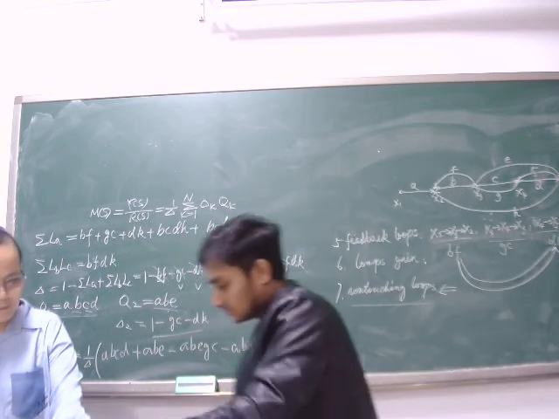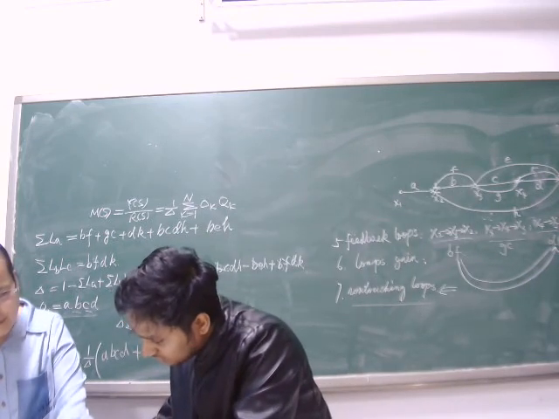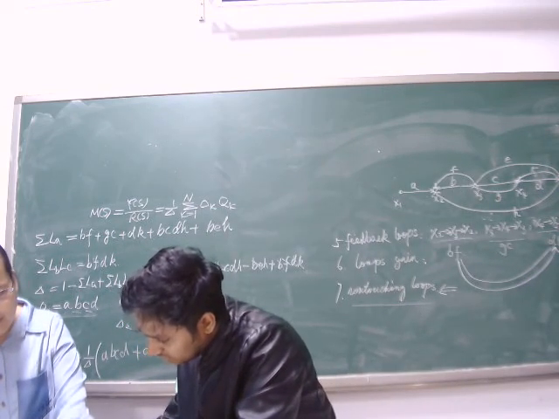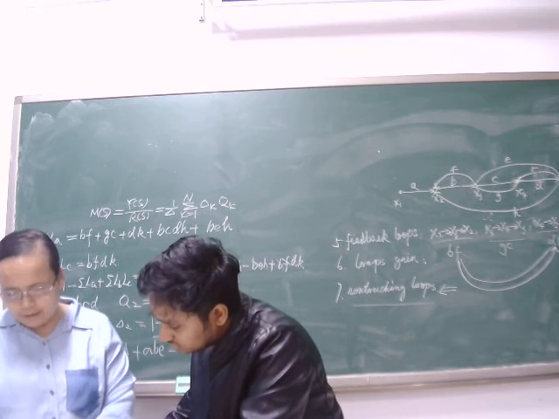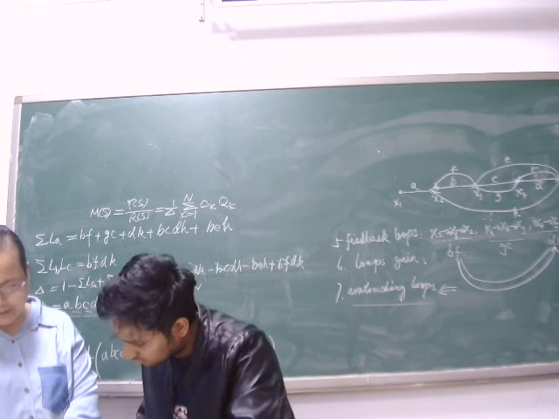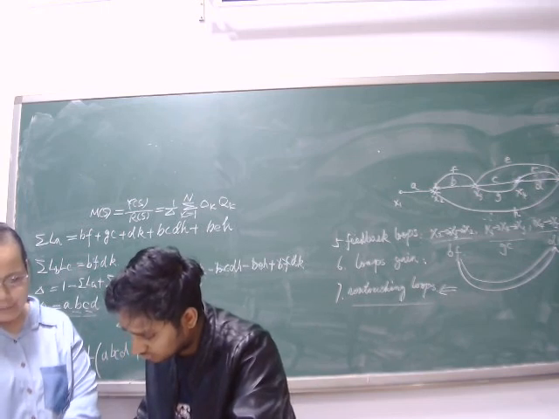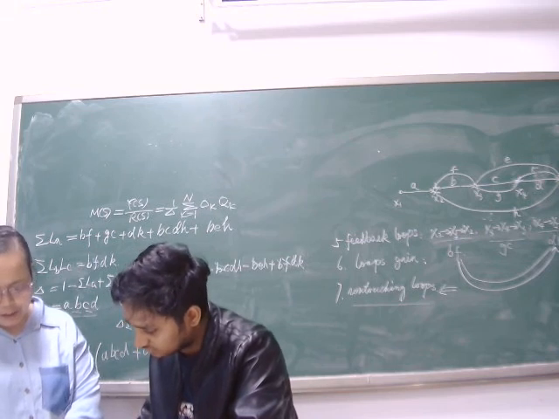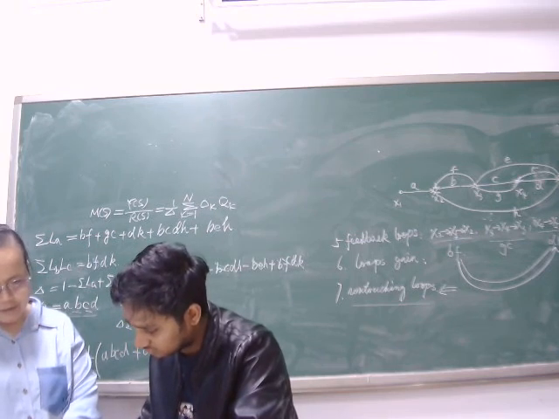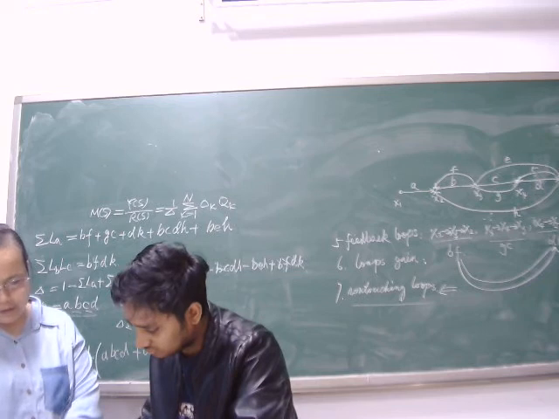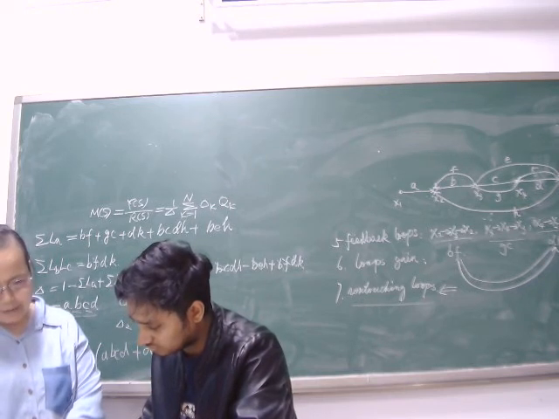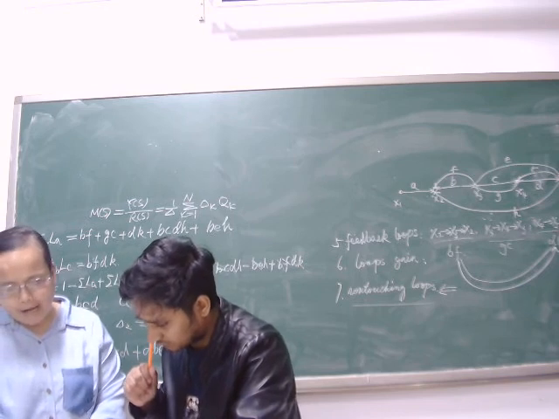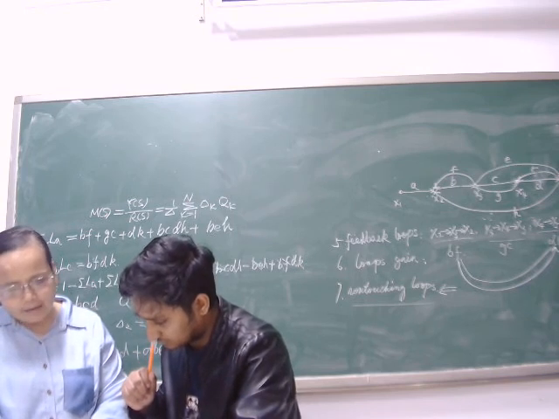Last week, how do we get this from this equation? We compute this part equal to data 1 Q1.